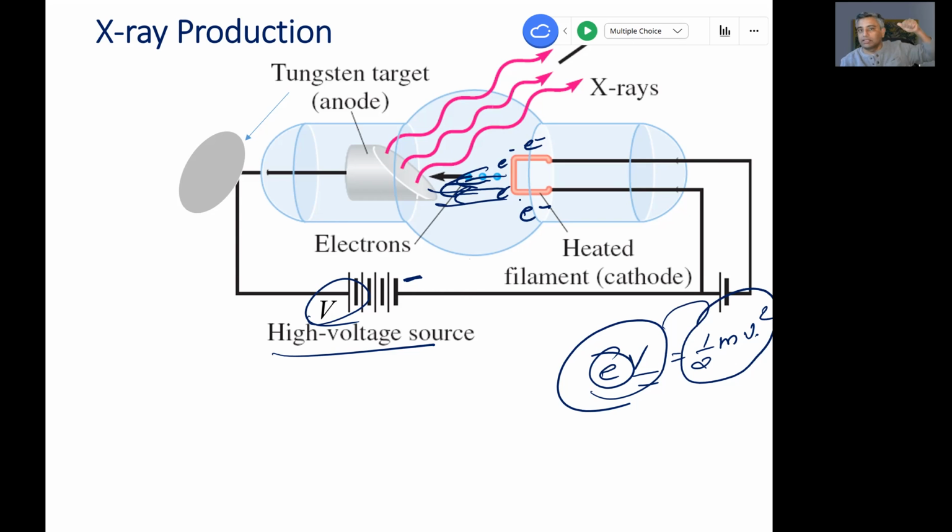Now, these electrons are flying really fast. And then what happens? There is this tungsten target, a metallic target like this. The electron comes out and hits the target, okay? When it does, what happens? When it collides, it loses energy, just like when it hits a surface.